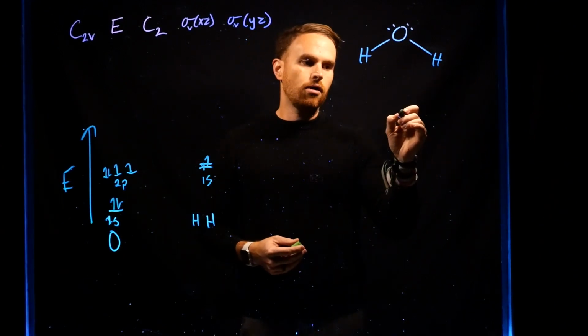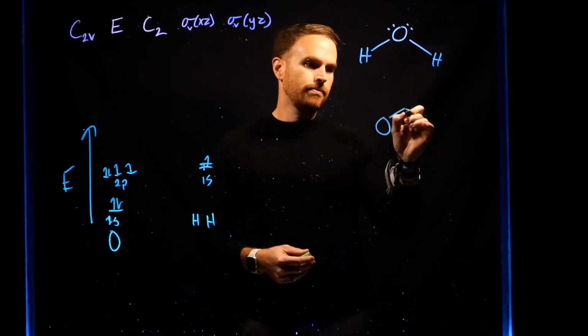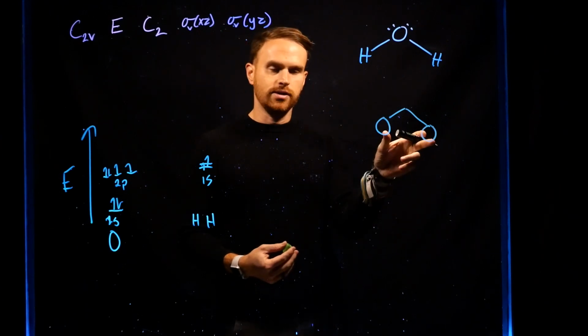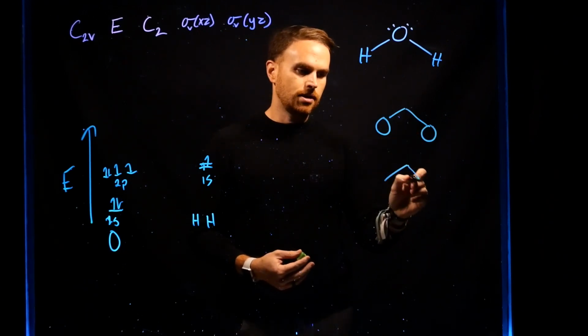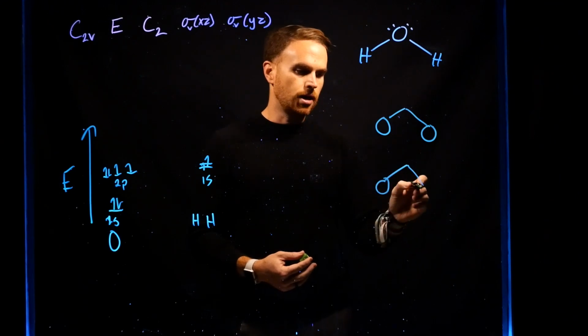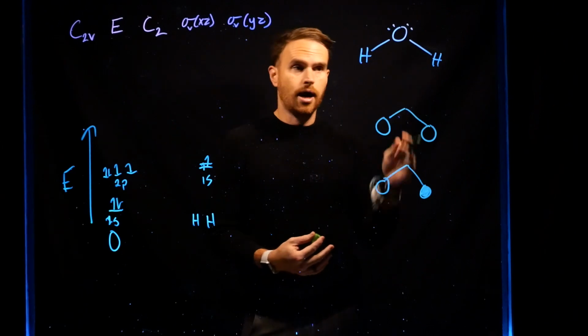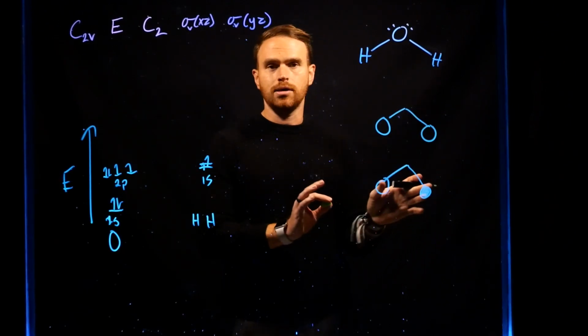So if we are to think of the way that these orbitals can exist on the outer atoms, they are just these two s orbitals, and if they're in the same phase, they would look like this. And if they're in opposite phases, one of them would be unshaded and one of them would be shaded. Okay? And effectively, hydrogen only has this orbital to deal with, so this is really the only orientations that can exist.